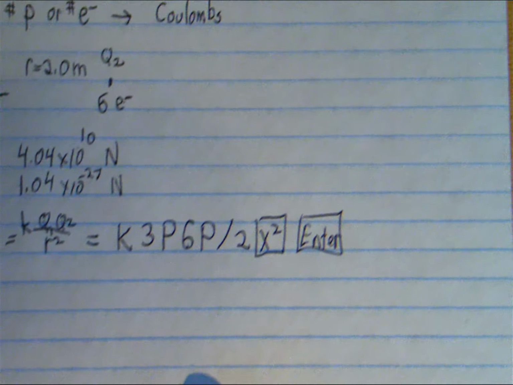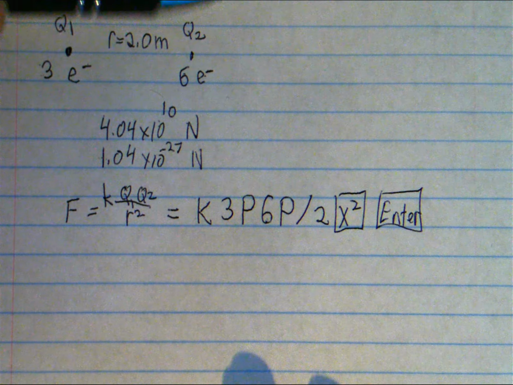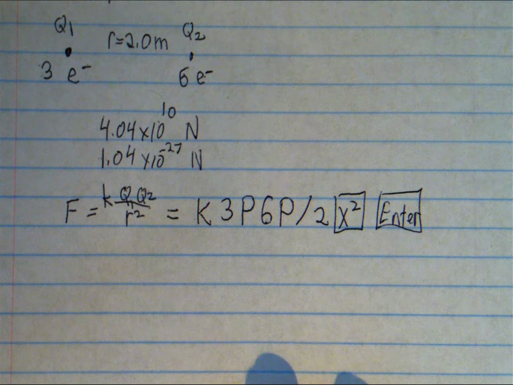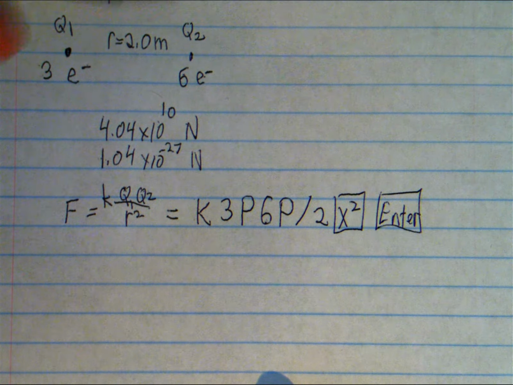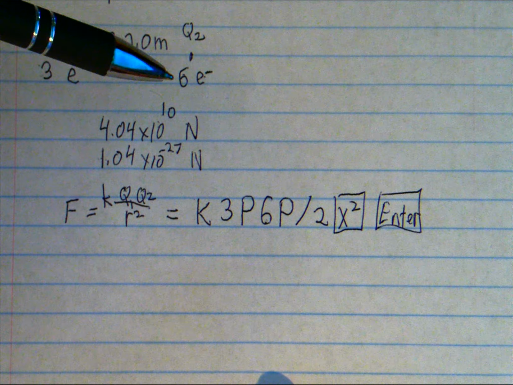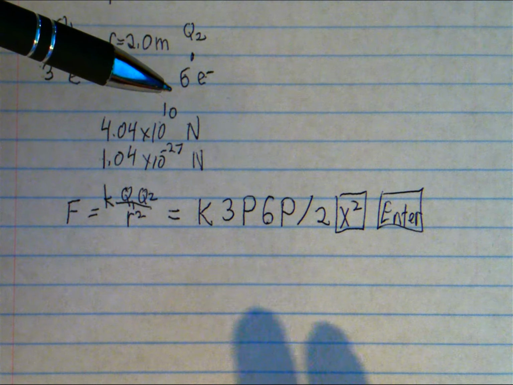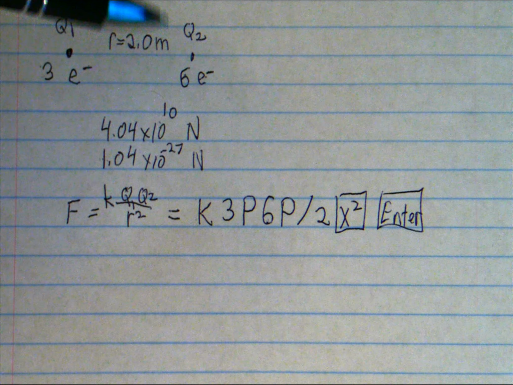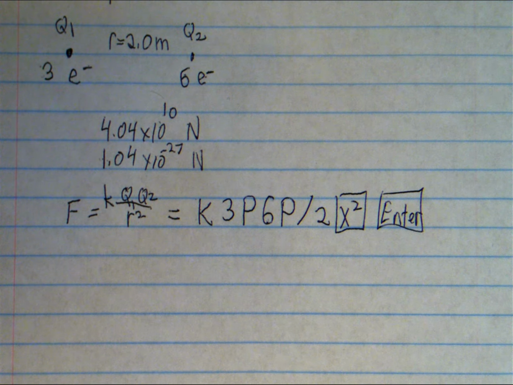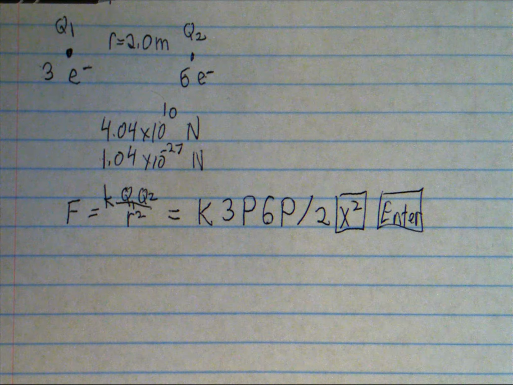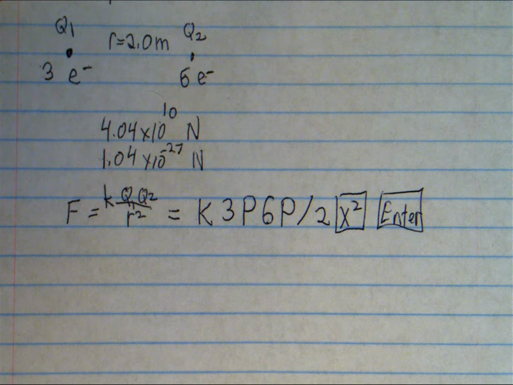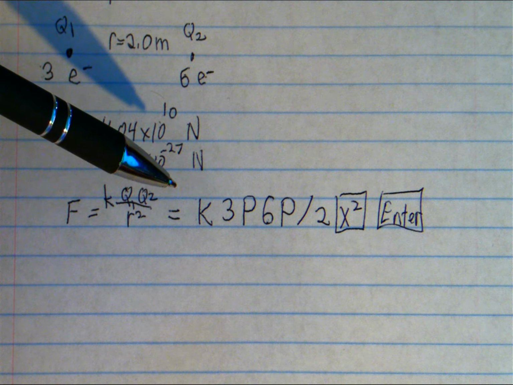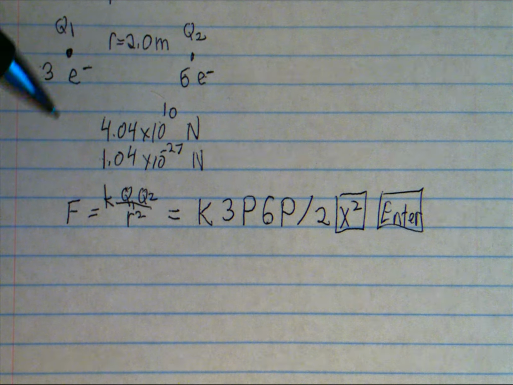So I'm hoping you see that if you bother using your calculator memory to store constants, it does make the task of putting these numbers into your calculator go very easy, or relatively much easier, and you're not making a mistake as easily.